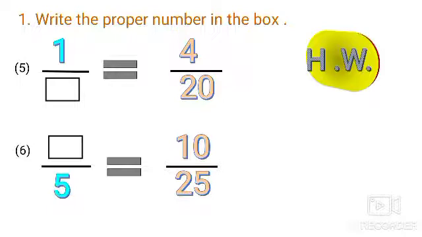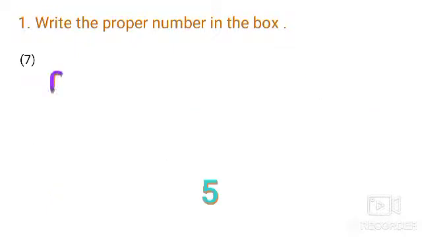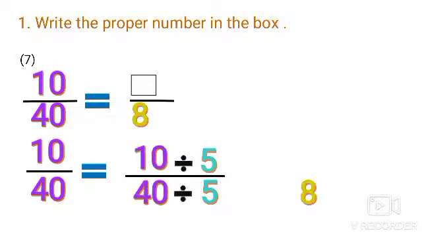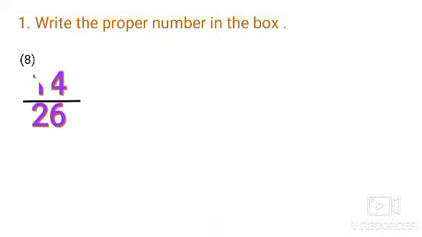Just keep this in mind, okay? Whatever you do in the numerator, whether it is multiplication or division, the same you have to follow in the denominator. Again, these are some examples. 14 upon 26 is equal to dash upon 13.